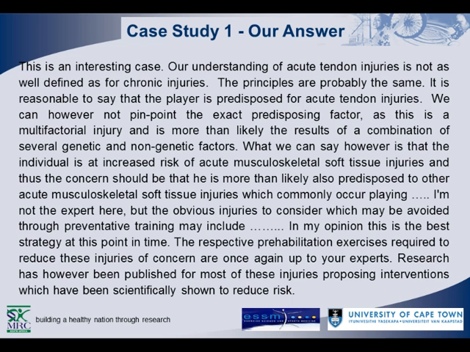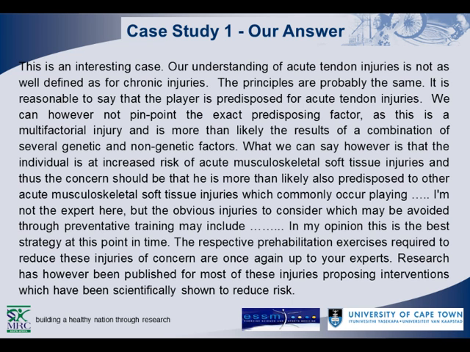We're not the experts in this particular clinical phenotype, but the obvious injuries to consider, which may be avoided through preventative training, may include X and X, and therefore it is the best strategy at this point in time. The respective prehabilitation exercises required to reduce these injuries of concern are once again up to your expertise.